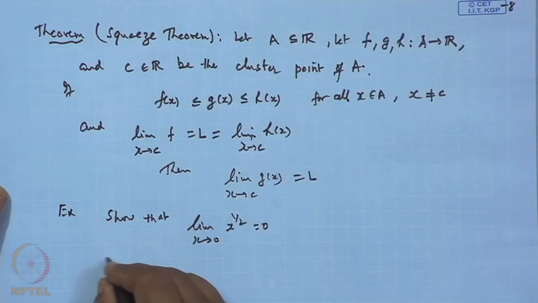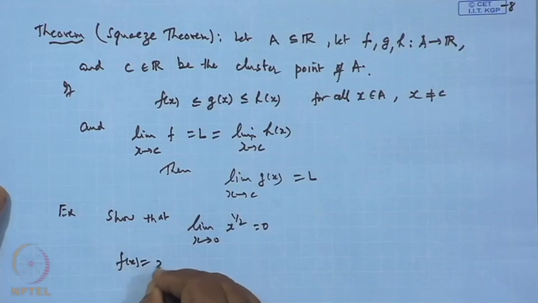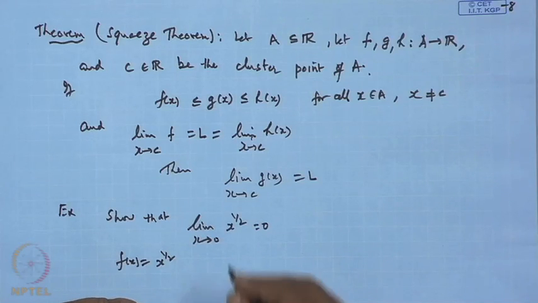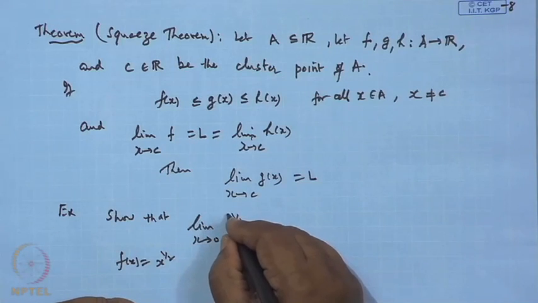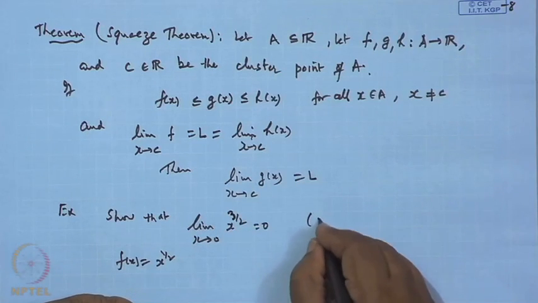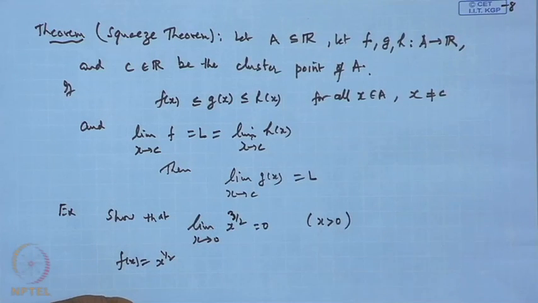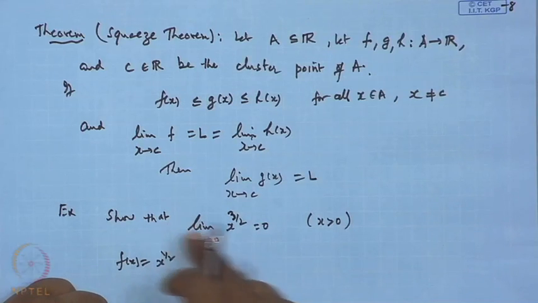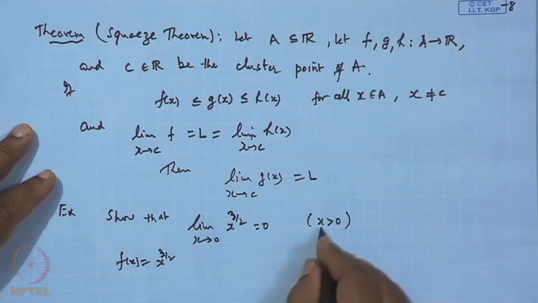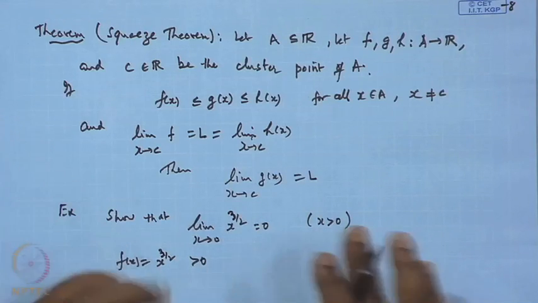Suppose f(x) is basically x to the power 3 by 2, for all x greater than 0, so that it is positive throughout.